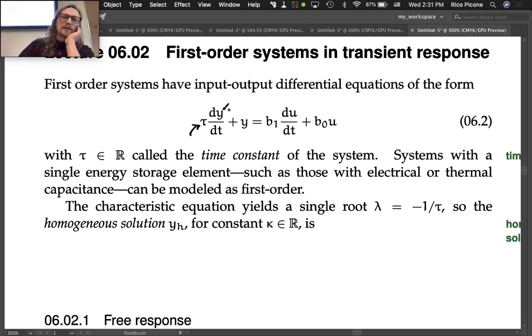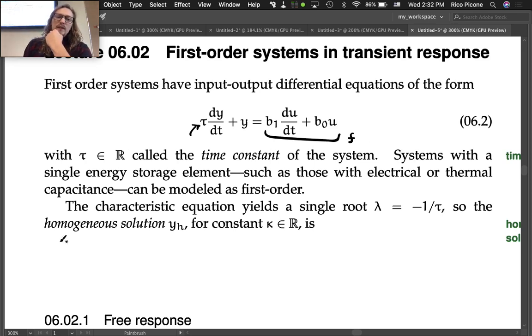And we have the time derivative of the output plus the output. It's first order because the highest derivative is 1, and it's linear, obviously. The right-hand side of the equation has time derivatives of the input u, the forcing function, f.